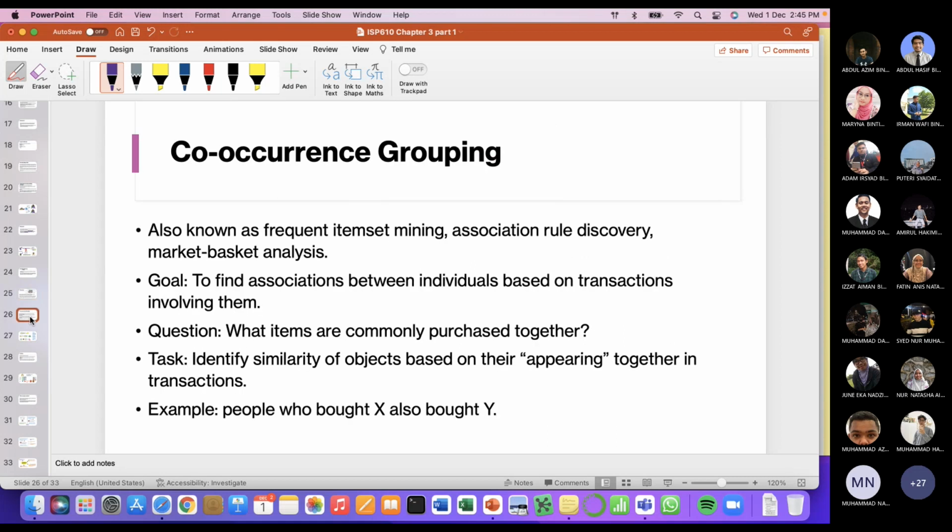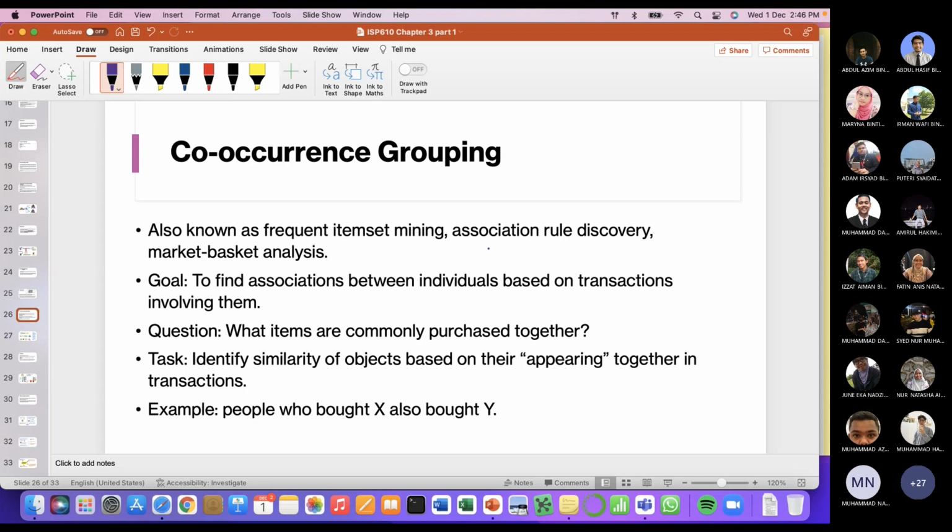Okay, next one is co-occurrence grouping. So this also you guys dah belajar dekat dalam data mining about frequent itemset mining. You have learned about association rule, market basket analysis, everything kan dekat dalam data mining dulu. And the goal for this co-occurrence grouping is to find association between individuals based on the transactions involving them.